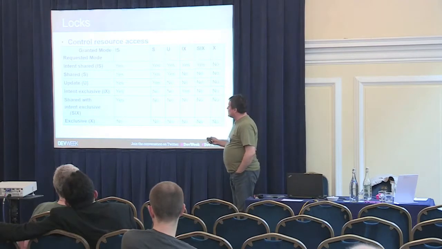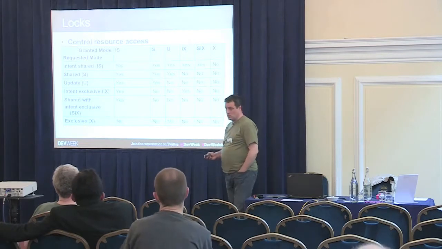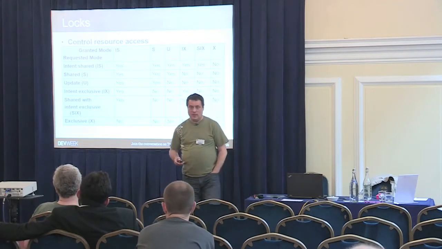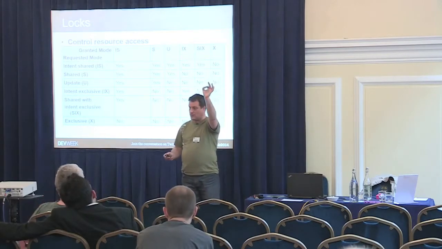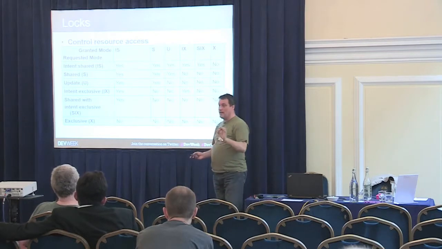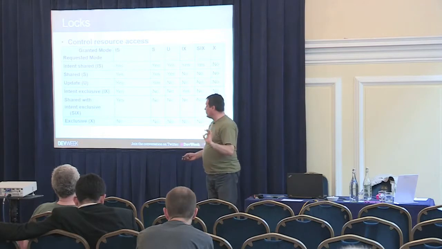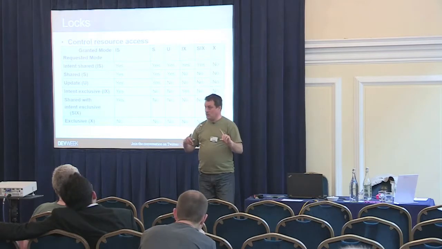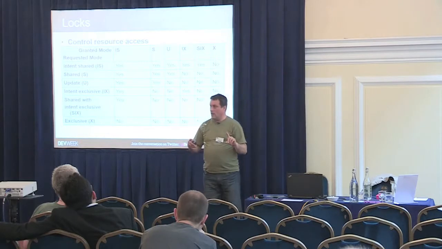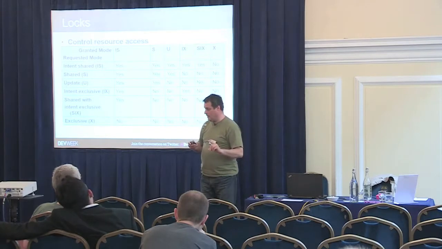Now, then we have these intent locks: intent shared, intent exclusive, shared with intent exclusive. So what are these locks about? These are locks that SQL Server puts automatically on higher levels. Imagine you have an exclusive lock on a row. SQL Server will automatically put an intent exclusive lock on the page, and on the table or partition if you have a partitioned table, and then also on the database.